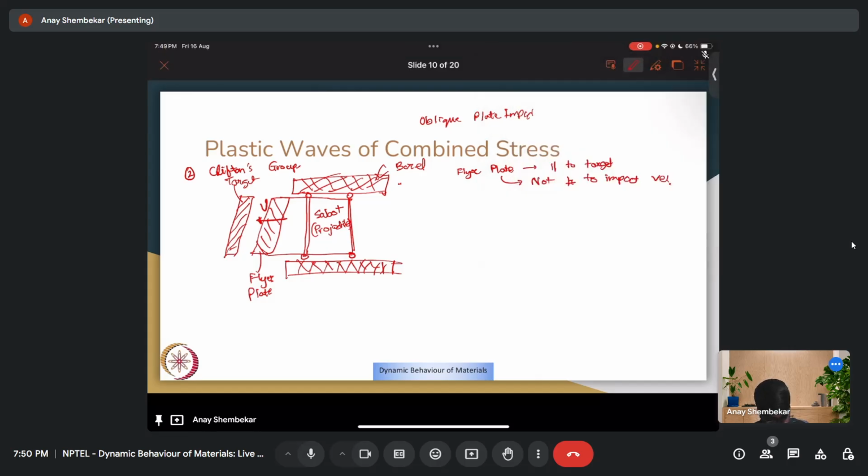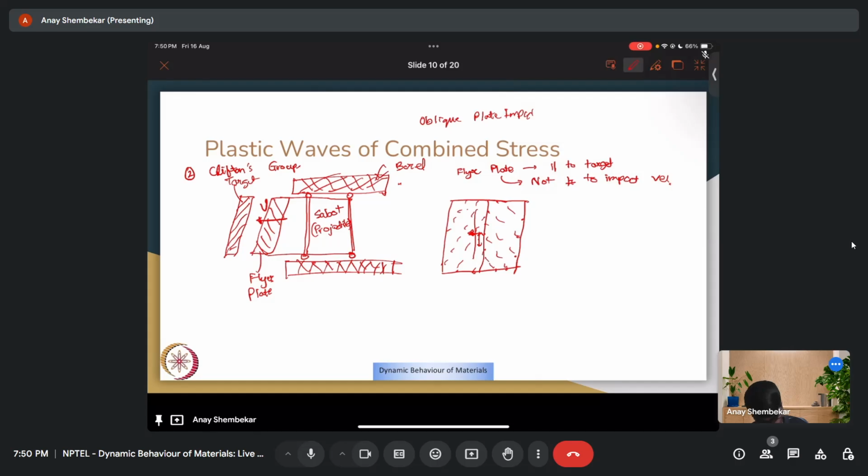Let me draw this. This is my target. This is my flyer plate. This is the wavefront. This is the particle velocity.